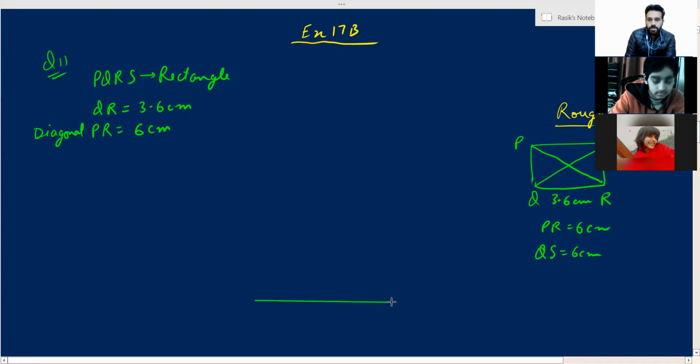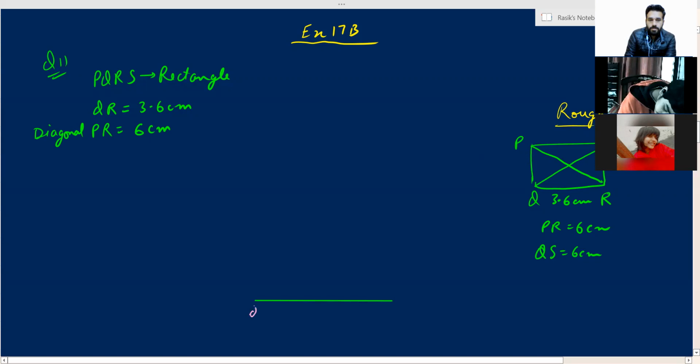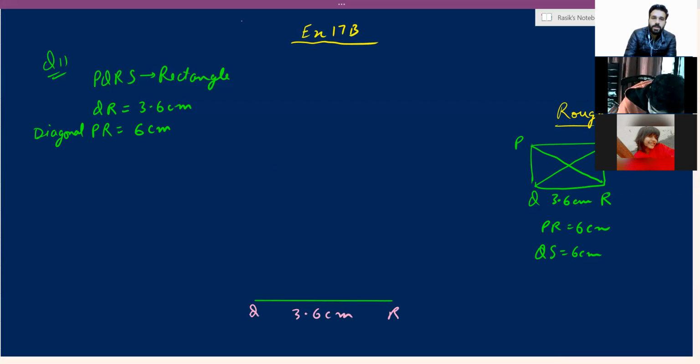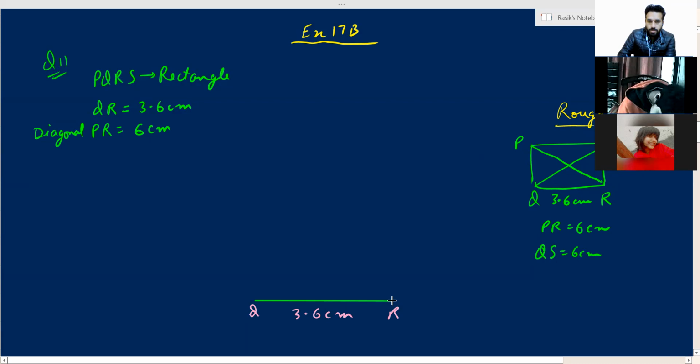This is the base of the rectangle, QR, line segment 3.6 centimeters. Then you construct angle R and angle Q of 90 degrees each. You all know how to draw angles of 90 degrees.